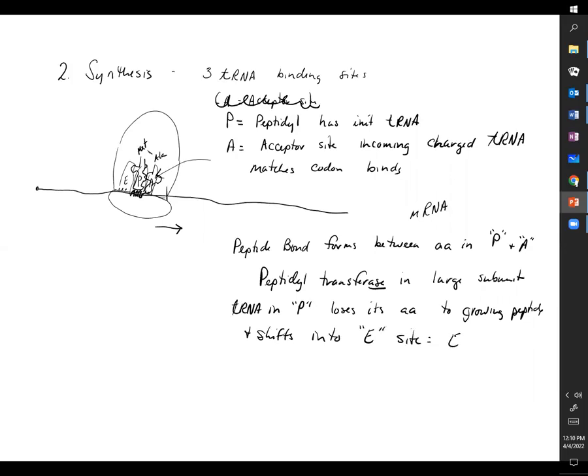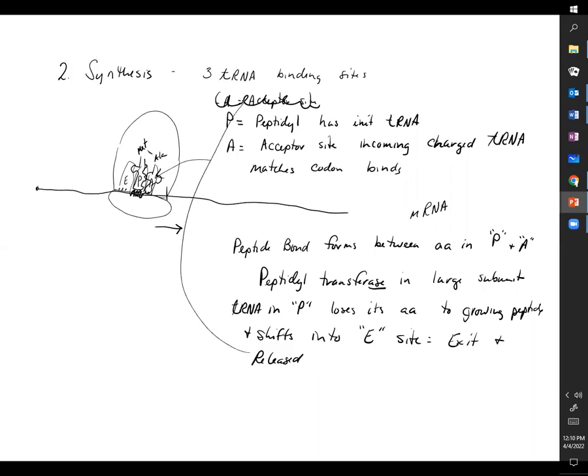The E site is the exit, and it's released. Now this is hard because it's a moving process, so it's really hard to do this in words written down on a piece of paper. So we'll look at it in a figure, and then we'll look at it in an animation.